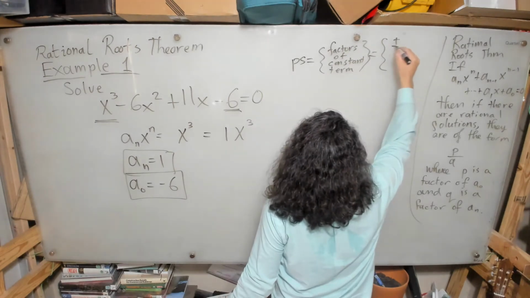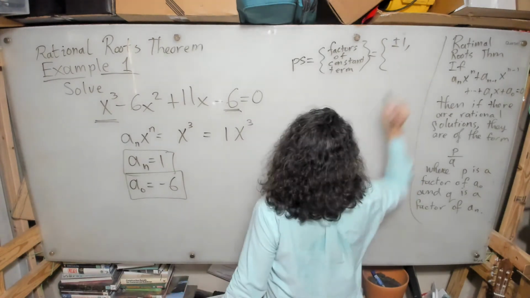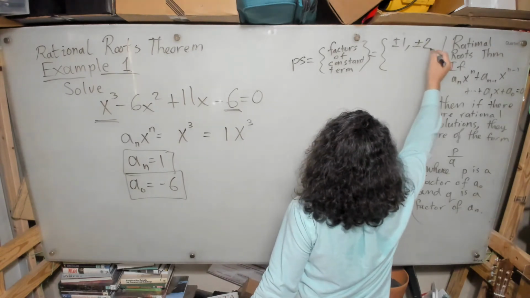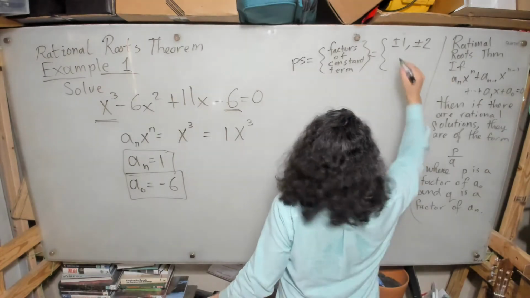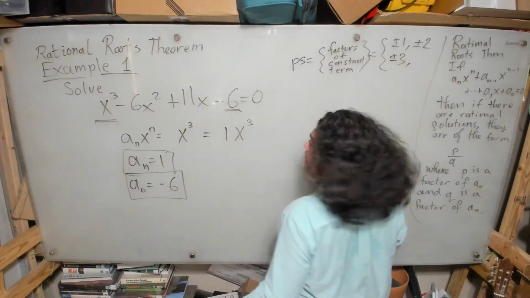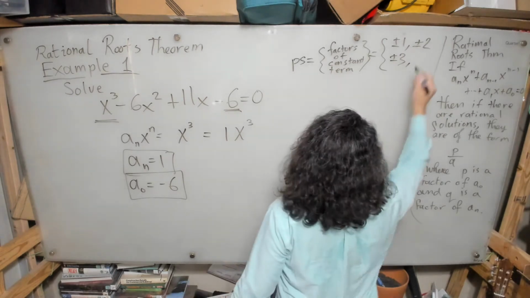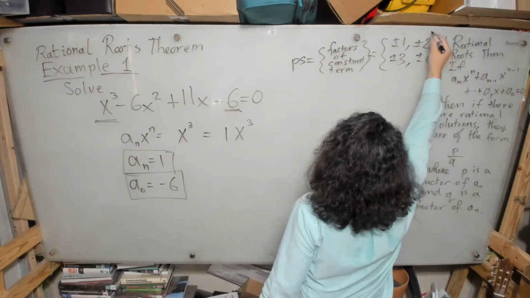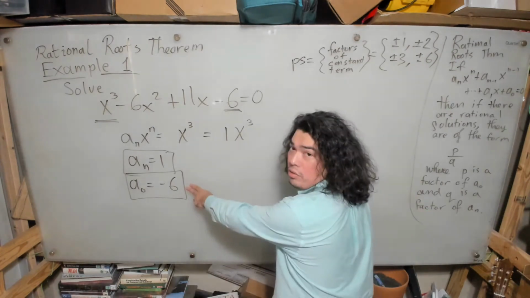So I'm going to put plus minus 1. 2, because 2 times 3 is 6, so plus minus 2. 3, because 3 times 2 is 6, so plus minus 3. And then finally 6, because 6 times 1 is 6. So these are my possible factors of my constant term a0.